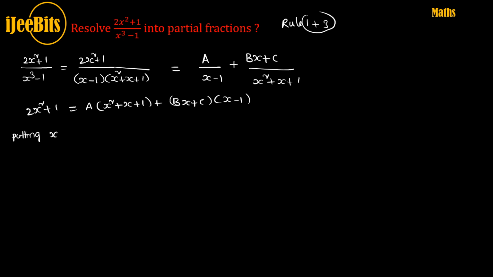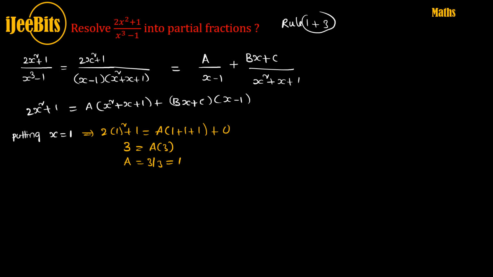So substitute x = 1 in both the left hand side and right hand side. 2(1)² + 1 = A(1 + 1 + 1), and the other term is 0 because x − 1 is 1 − 1 = 0. So 2 + 1 = 3 = 3A. What is A's value? A is 3/3, which is 1.